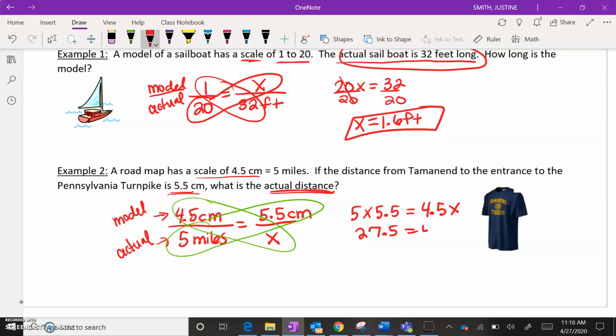So if we want to figure out what x is, we're just going to divide by 4.5 on both sides. And that is going to give me about 6.1. So x is equal to 6.1, and I'm going to use the miles here since it's on the bottom.